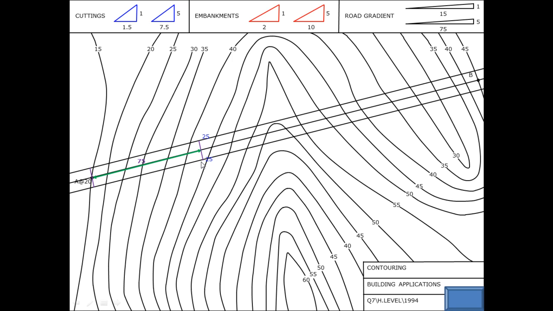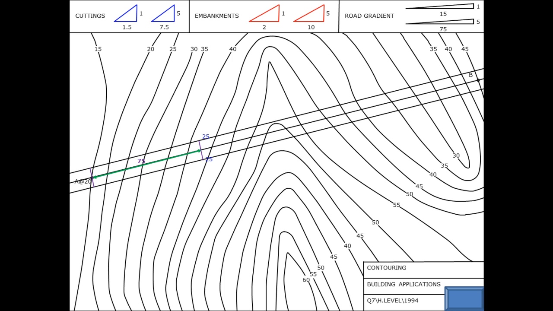So straight away, mark that in on your map, so when you look back over it, you know exactly which is your high point, which is your low point. And you can see I've squared that distance out to the sides of the road, because we always work from the sides of a road. So this is my point on the side of the road of 25, this is my side on the opposite side here of height 25.